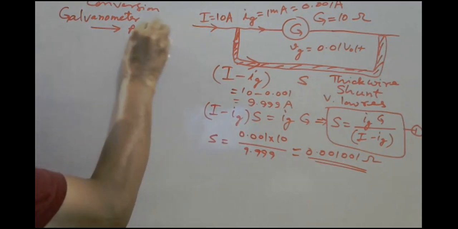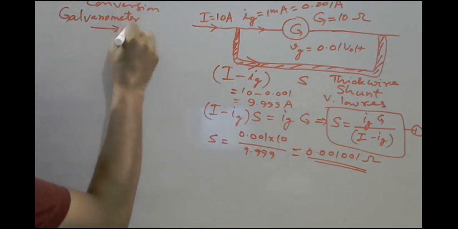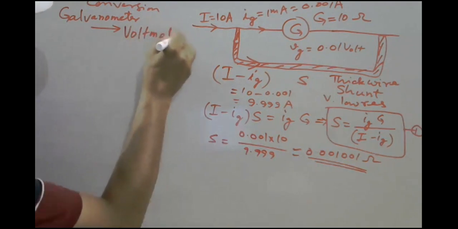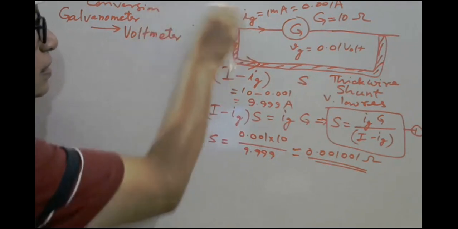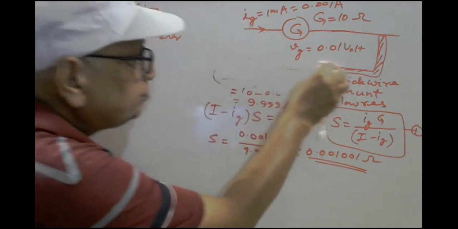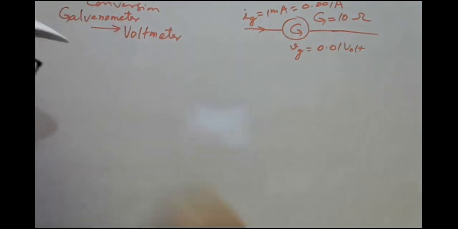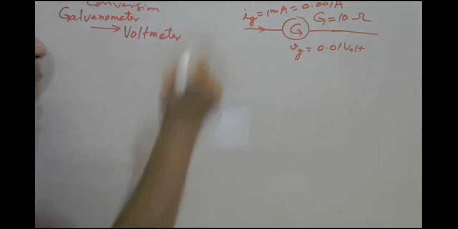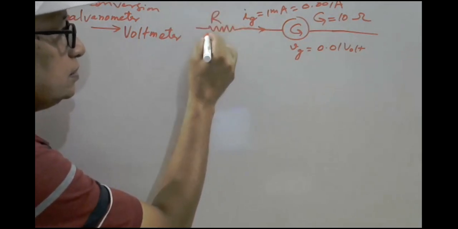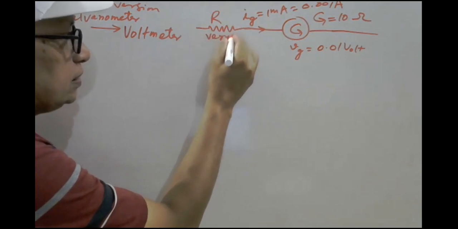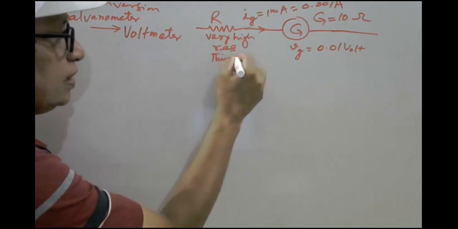Now, suppose voltmeter. Now we are going to convert the galvanometer into the desired range of voltmeter. We are taking the same galvanometer here, and we are connecting a very high resistance in series, a very thin wire.